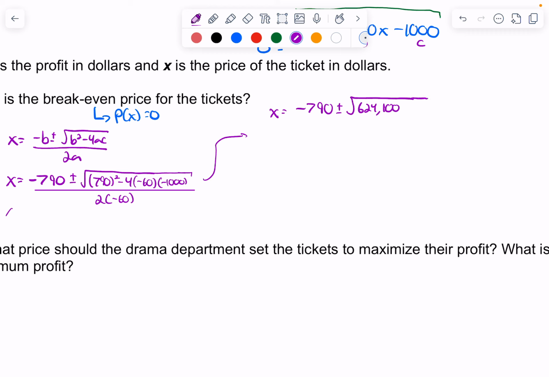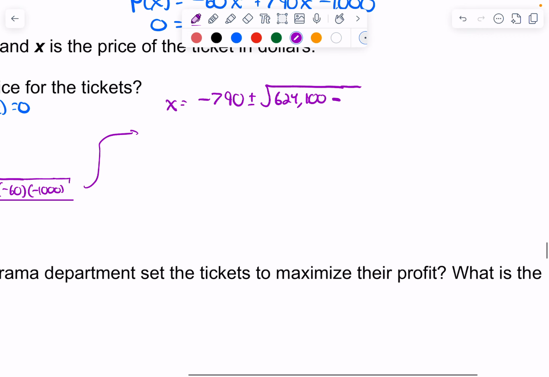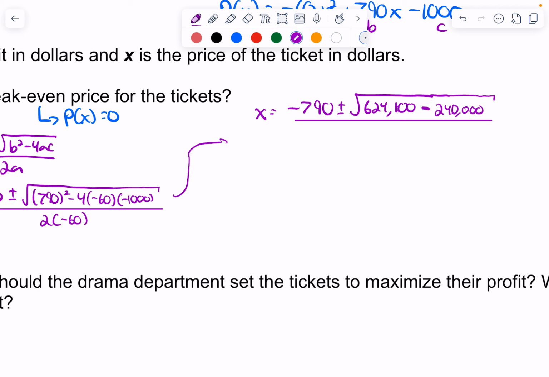It will be a negative number because it's three negatives all being multiplied. So 4 times 60 times 1,000 is minus 240,000, all over 2 times 60, which is minus 120.